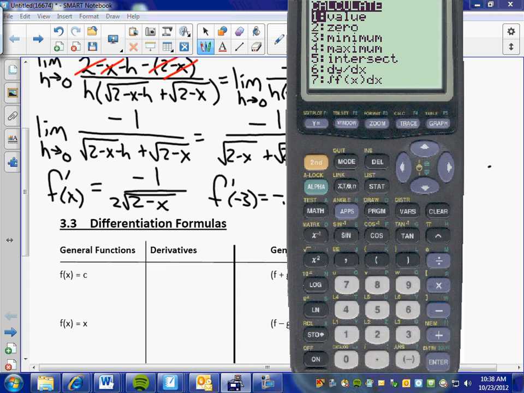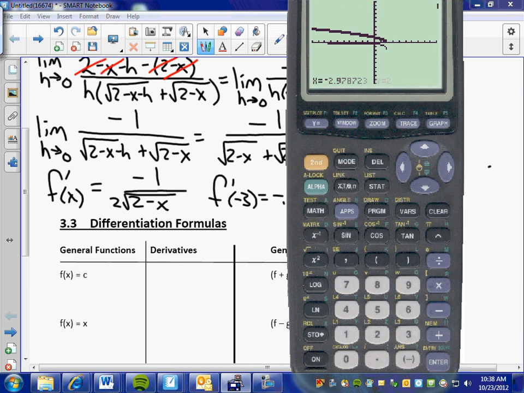Do you see one up there that we want to choose? dy over dx, that's number 6. That will calculate the slope for you of a function at any given point. And what do we want to do it at? Negative 3. So I type in negative 3, and I want to be on the first one. It finds it. dy over dx is negative 0.22. It's the same.